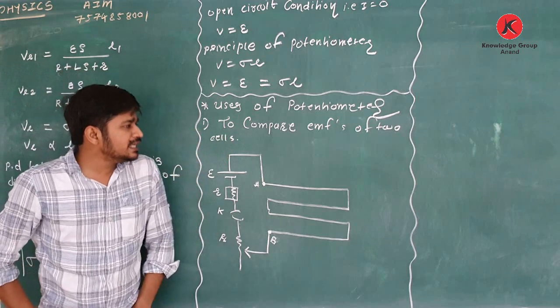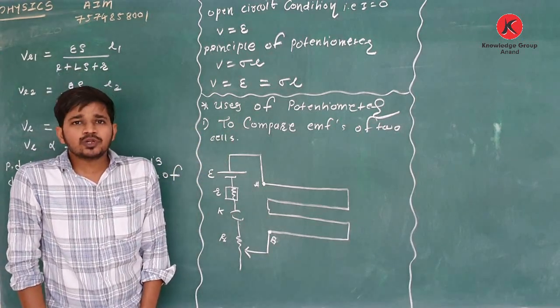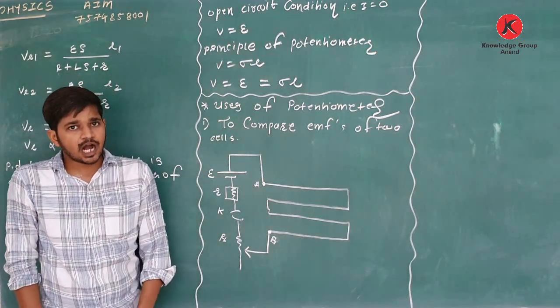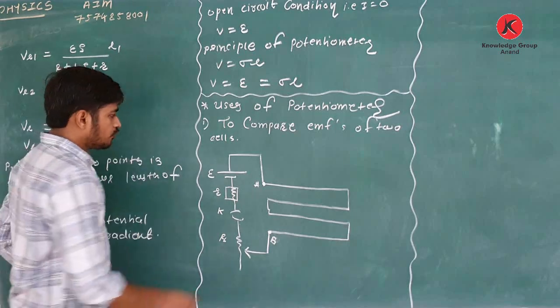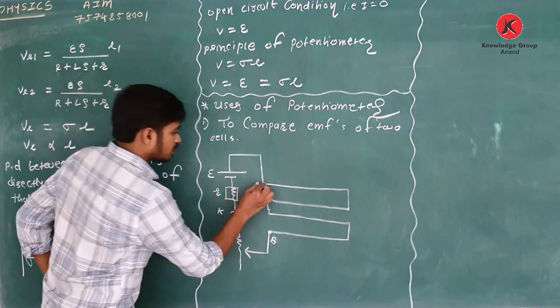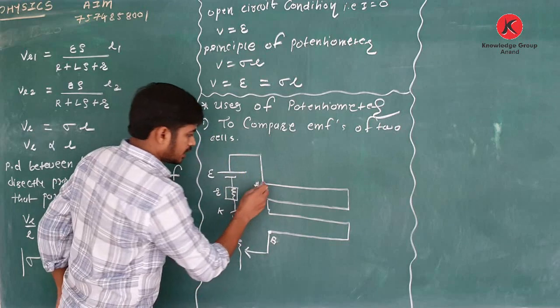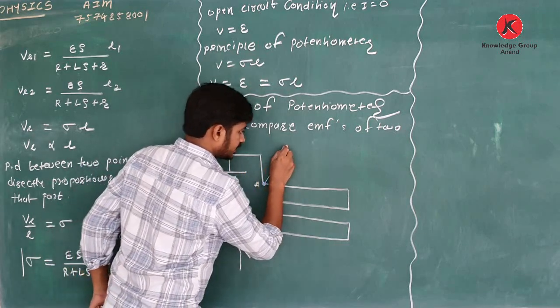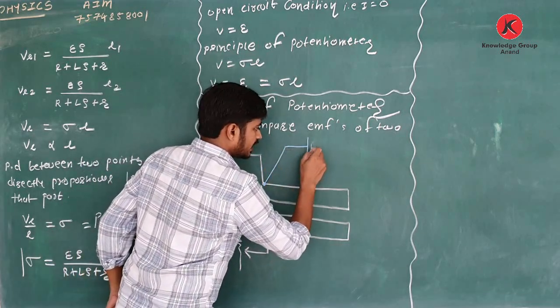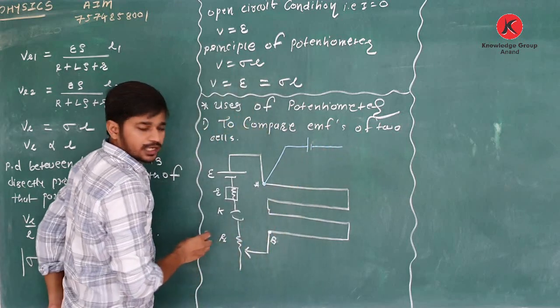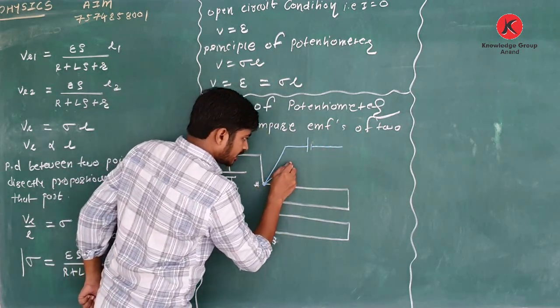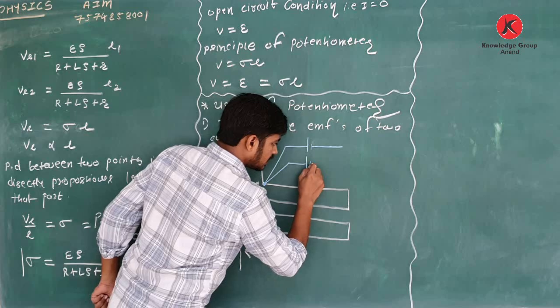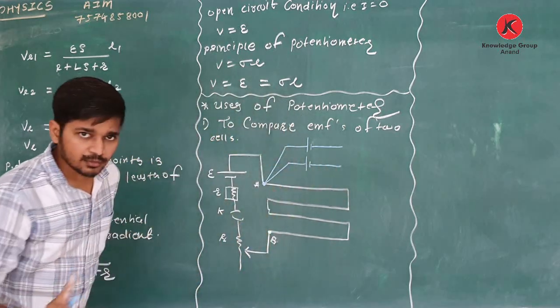Now, to compare the EMFs of two cells, how to connect the two cells? See, from this point A, first take one wire and connect one cell. From the same point, take another wire and connect another cell. Clear about this?